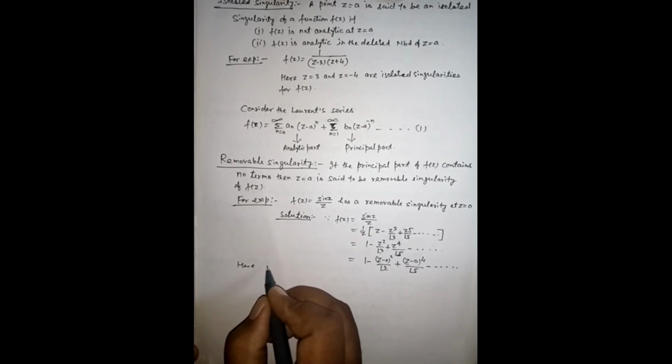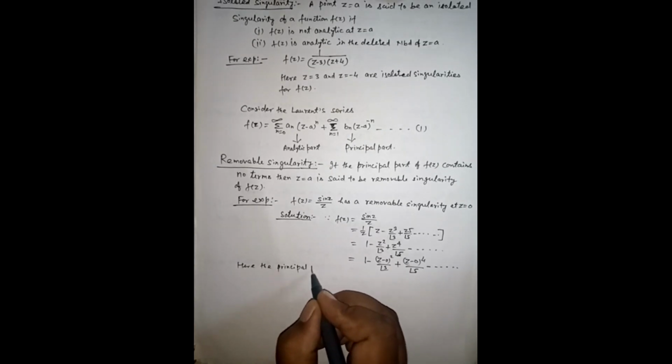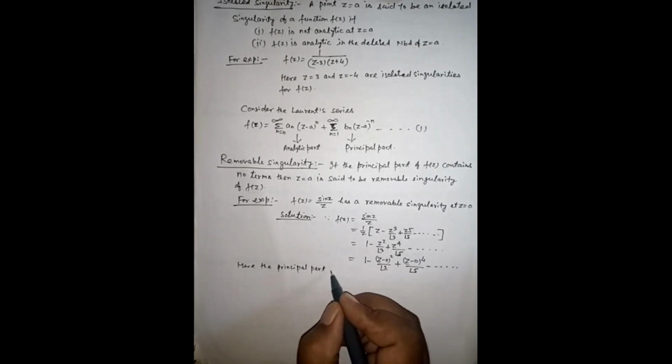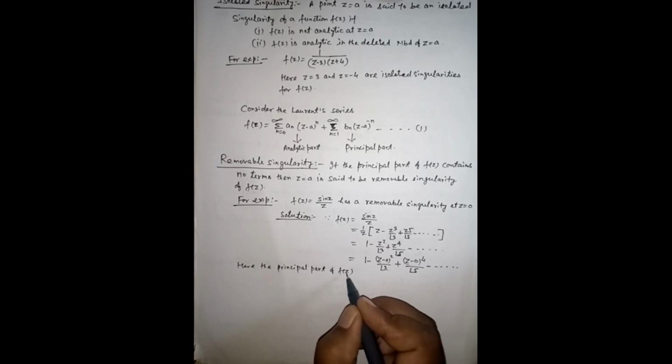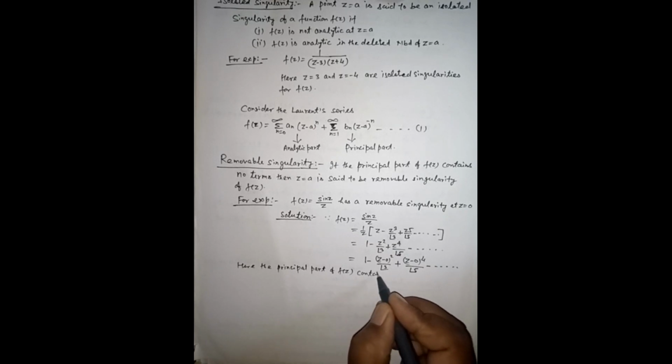Here we see that the principal part, meaning negative powers of z, of f(z) contains no terms, that is, no negative powers of z.